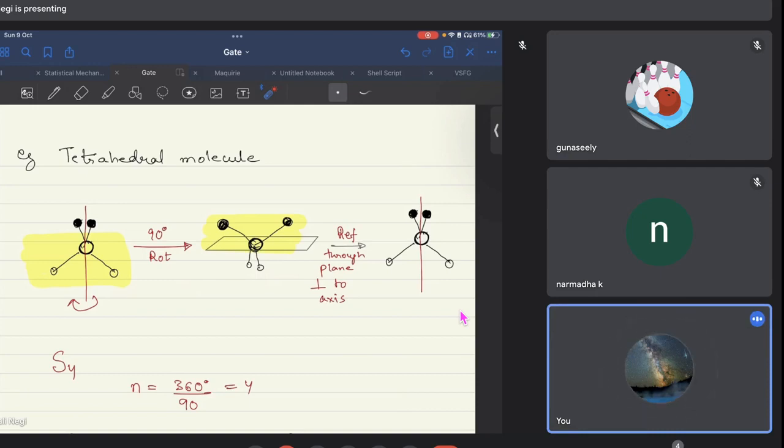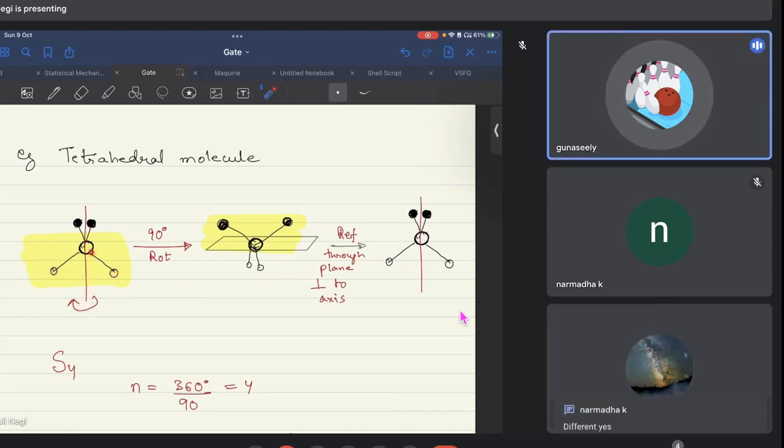I don't know why you are saying same, but where you have the confusion: these two atoms first were in the yellow plane, but after rotation this will move here, correct? Here this will go behind the plane. Are the 4 atoms same or different?